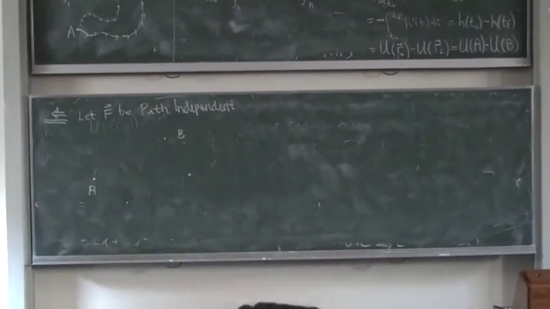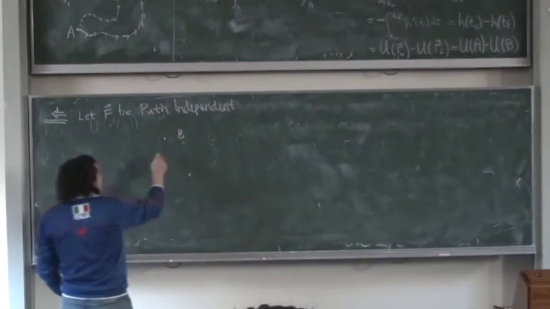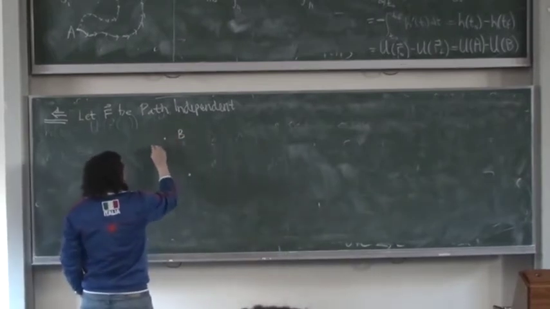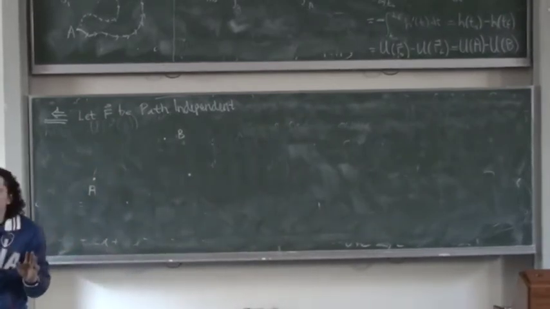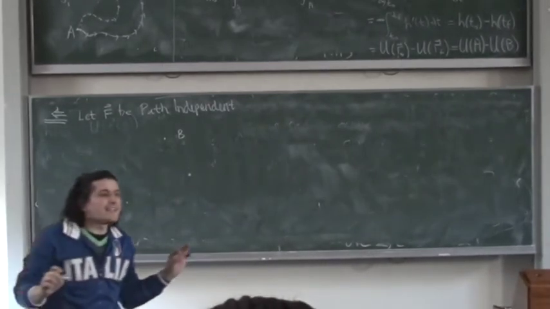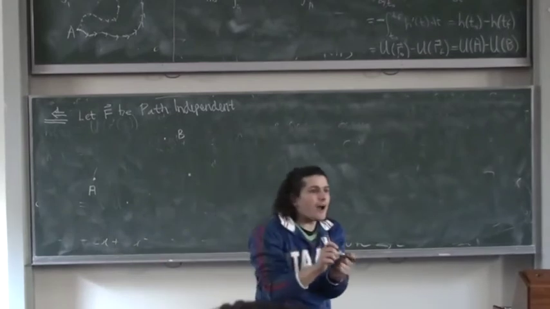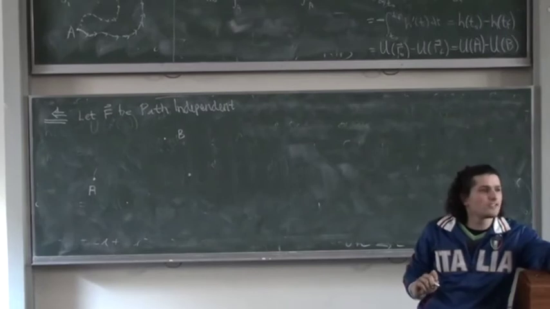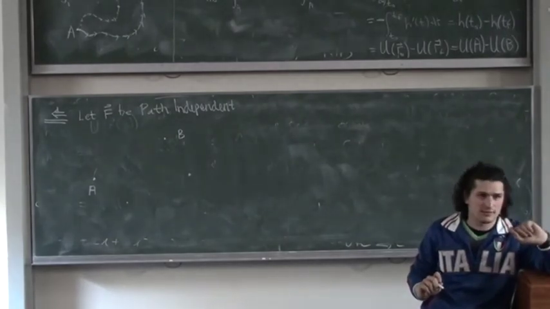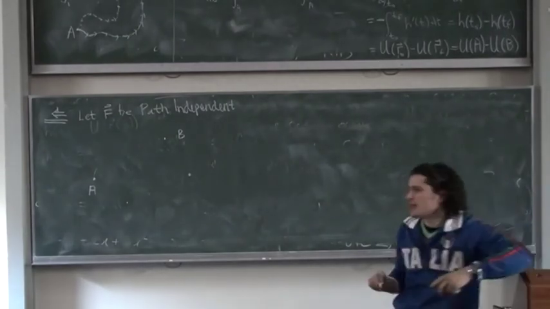Now, in order to do this, I choose some point near B, and there is an implicit assumption here that I can always find an open ball around B inside the set I'm considering, the set on which F is defined. The manifold.